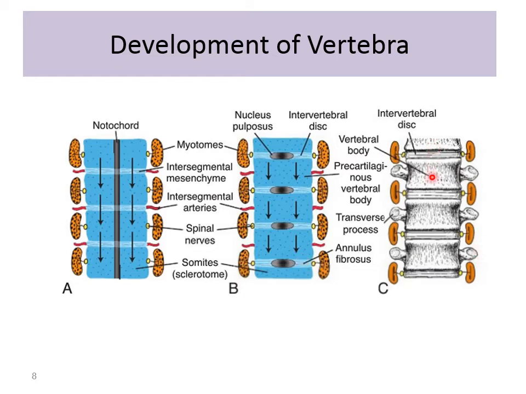In C, these are the vertebrae, which are formed by upper and lower halves of two successive skeletons. We have the intersegmental tissue forming the intervertebral disc. We have here the myotomes, and these are the segmental spinal nerves.